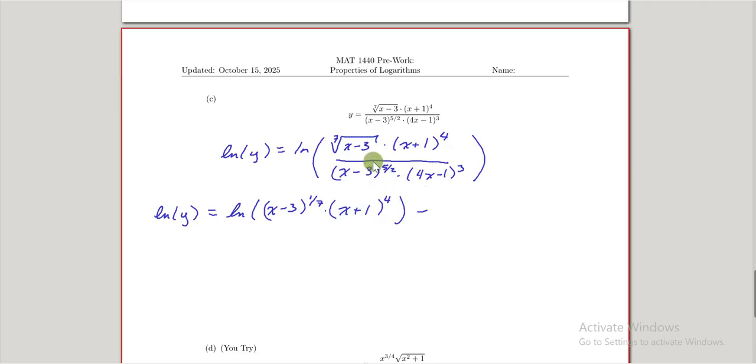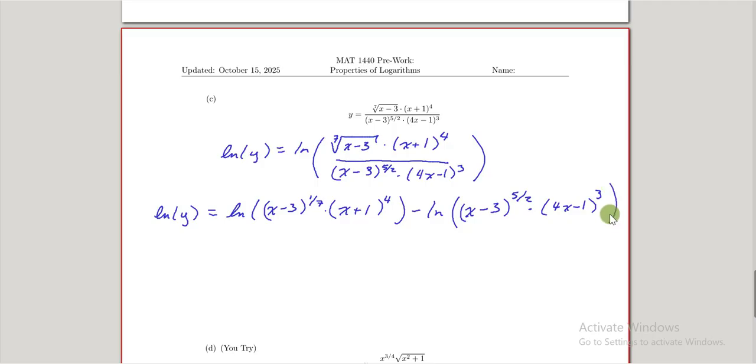And we're going to subtract from that the natural log of the denominator, which is x minus 3 to the 5 halves times 4x minus 1 to the third power.